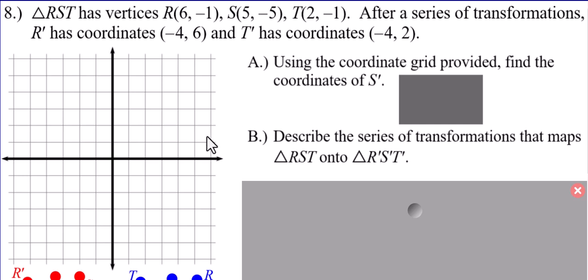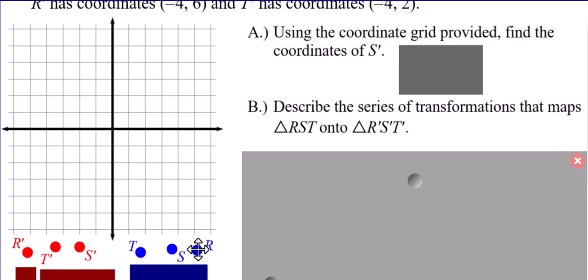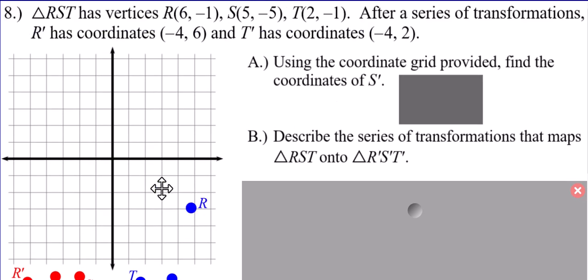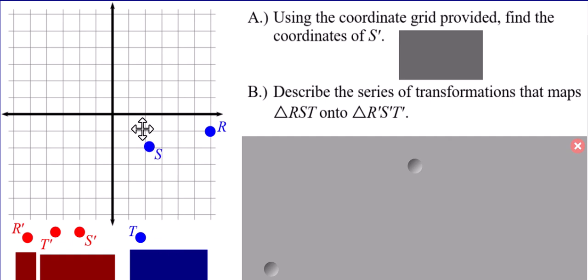Okay, so what we're going to do here is let's do the logical thing. Let's graph the original points of R, S, and T. Okay, so do this with me here. R is 6, -1, so 1, 2, 3, 4, 5, 6, and down 1. S is 5, -5, so 1, 2, 3, 4, 5, 1, 2, 3, 4, 5.